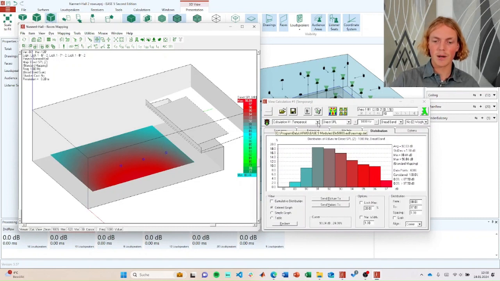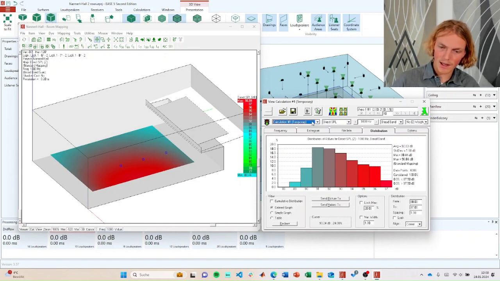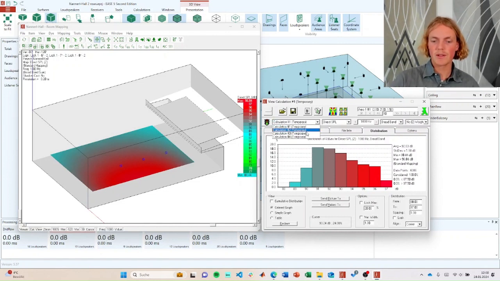So what I would do now is remember this direct SPL value of the second row, which is 96.84 dB, and then go to the other simulations.